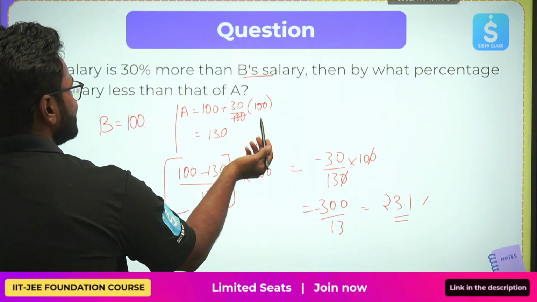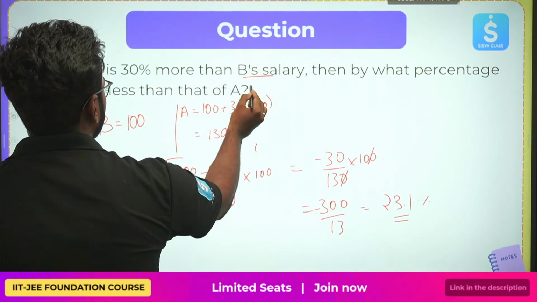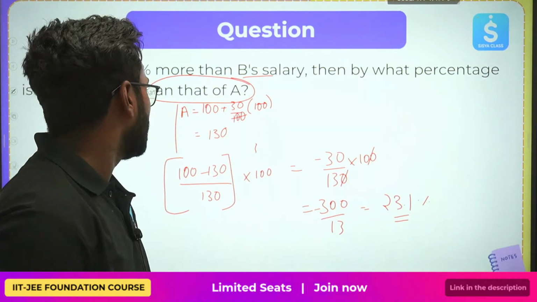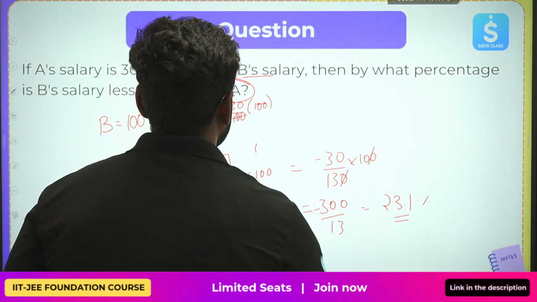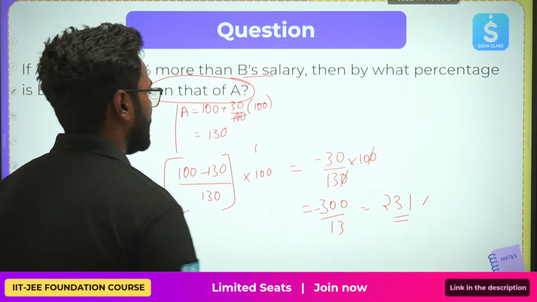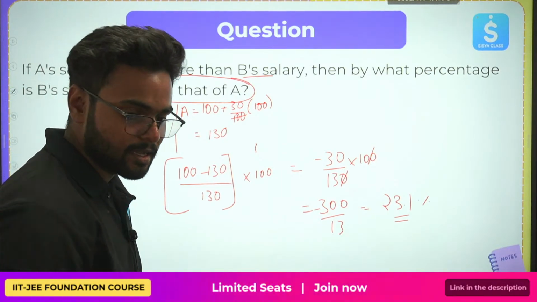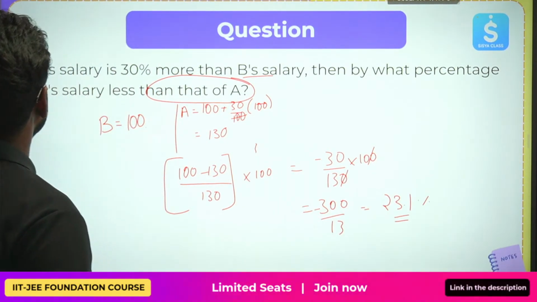So we are taking the difference between B and A divided upon the salary of A, because he is asking to compare it with the salary of A, and we are multiplying it by 100. We are getting minus 30 upon 130 into 100. Final answer would be 23.1%. Right? This is how much B's salary is less than A's.